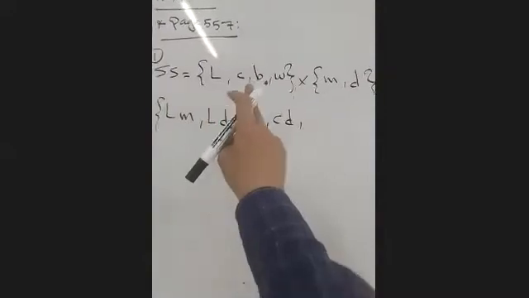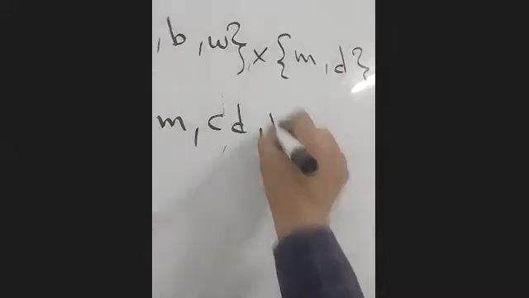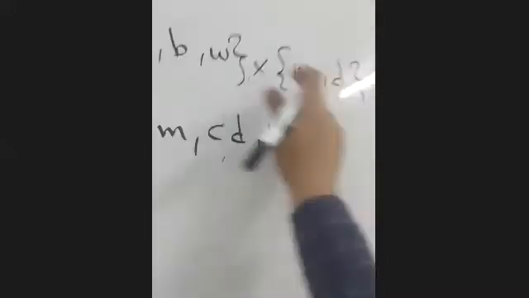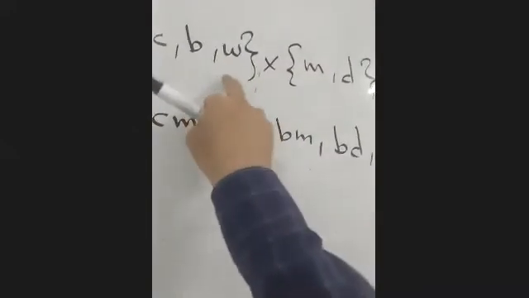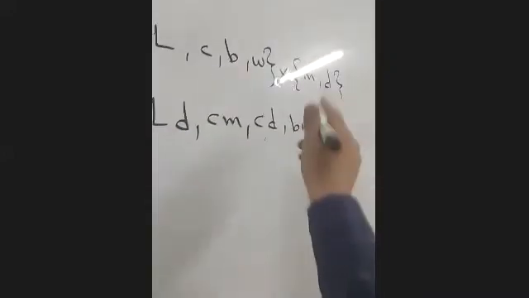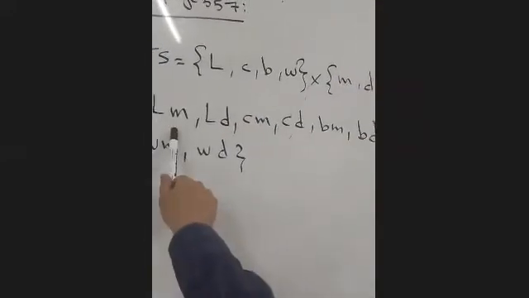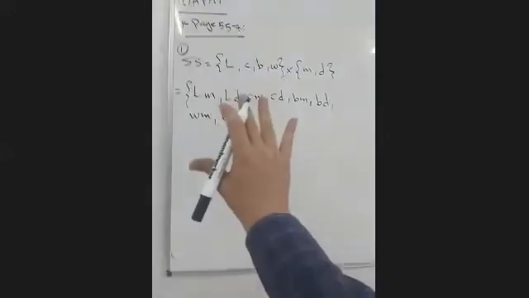I'm done with the C. I'll go to the B, the blueberry. Blueberry with M and B with D, right? I'm done with B. I will go to the W, watermelon. Watermelon with M, WM, and WD. Let's count first to be sure: 1, 2, 3, 4, 5, 6, 7, 8. So, as we said, we have 8 outcomes and here they are, right?